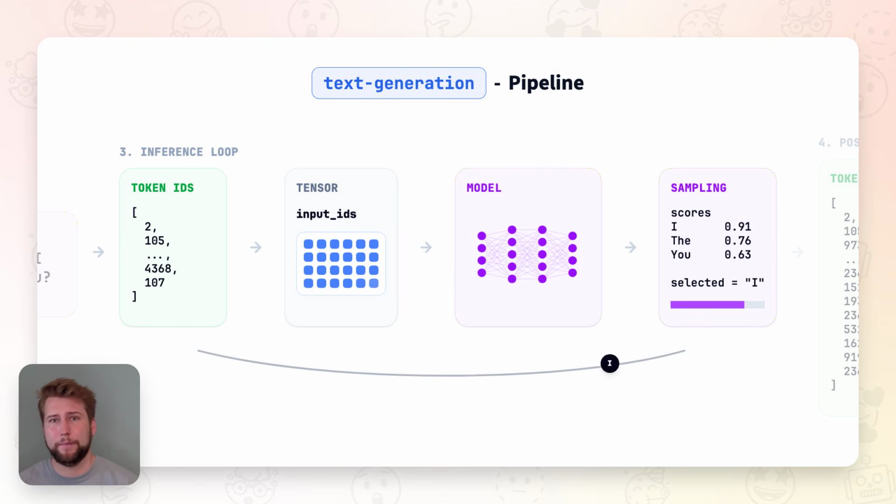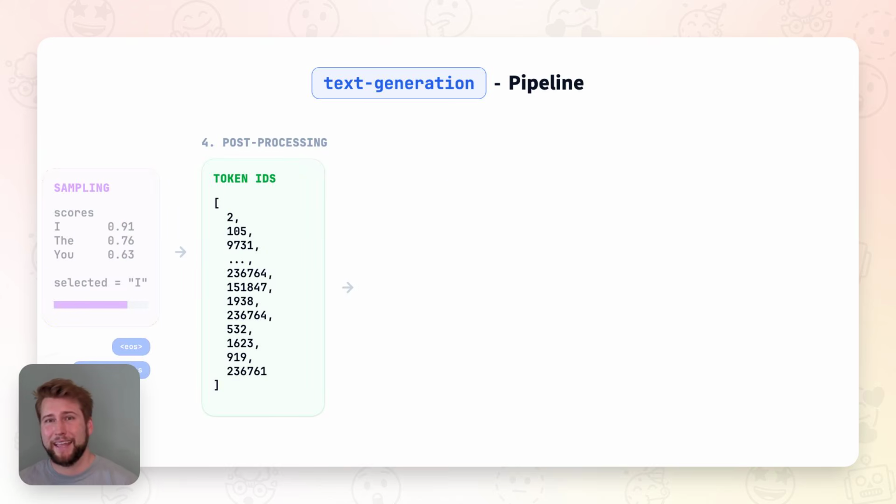That new token is appended to the running sequence, and the process repeats. Run inference, predict next token, append, and continue. This generation loop stops when the model emits a stop token or when it reaches the configured maximum number of tokens. At the end, Transformers.js handles postprocessing.